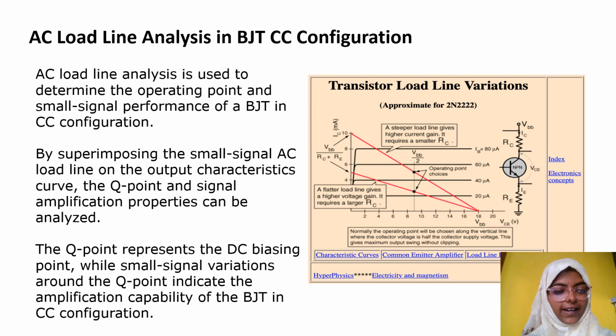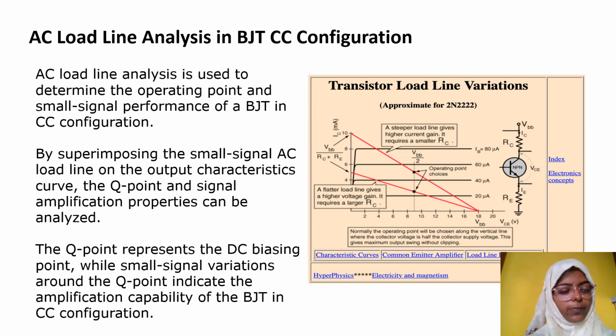AC load line analysis. In BJT CC configuration, AC load line analysis is used to determine the operating point and small signal performance of a BJT. By superimposing the small signal AC load line on the output characteristics curve, the Q point and the signal amplification properties can be analyzed.